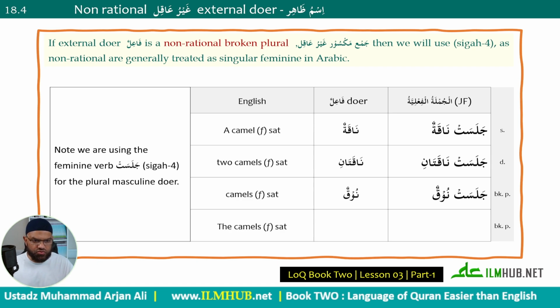Jalasat nuqun. So doesn't matter whether male or female, broken plural of non-rational beings will be treated as feminine. And then, of course, if I had al afterwards, it will be jalasatin nuqu. So again, anuq meaning the female camels.